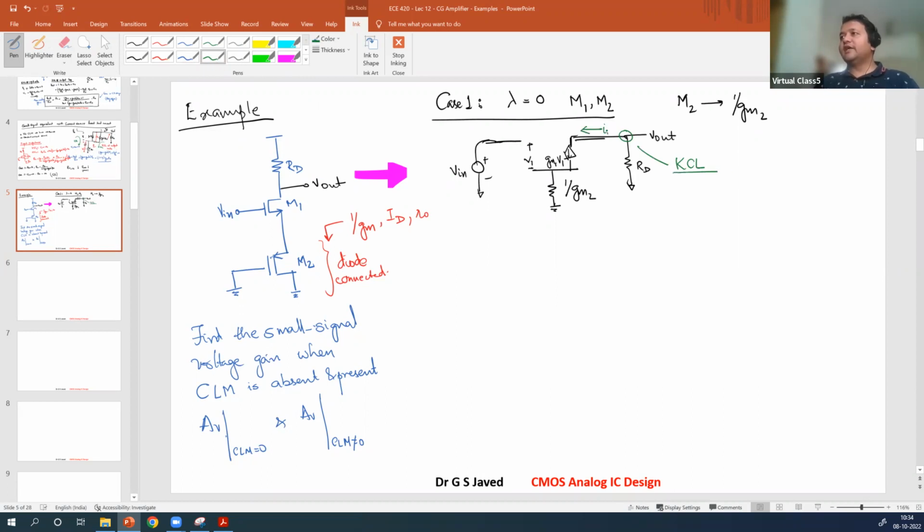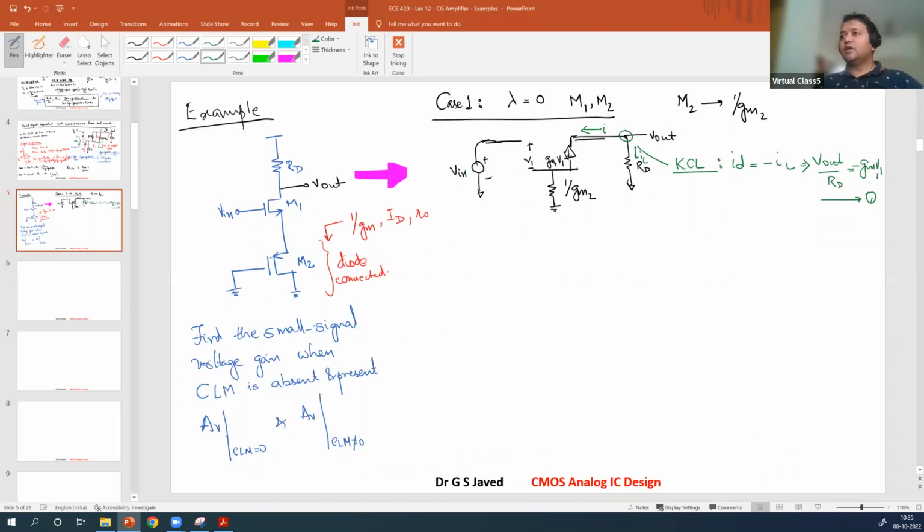This is your ID current, this is your IL current. So ID is equal to minus IL. That is equal to V out by RD. And this ID is now equal to GM V1. Minus GM V1. So that is equation 1. So V out by RD is equal to minus GM1 V1.